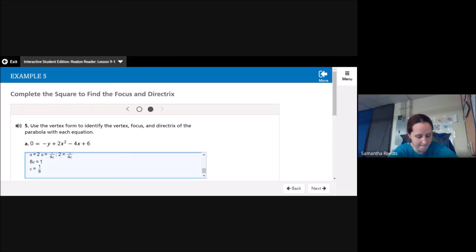Okay. So the vertex was (1, 4). So the focus is (1, 4 minus 1/8), which will give me (1, 33/8).